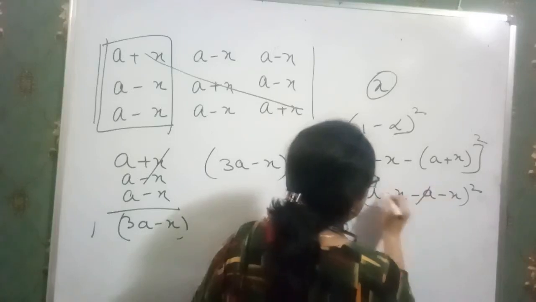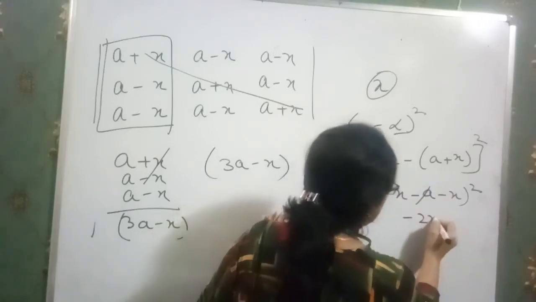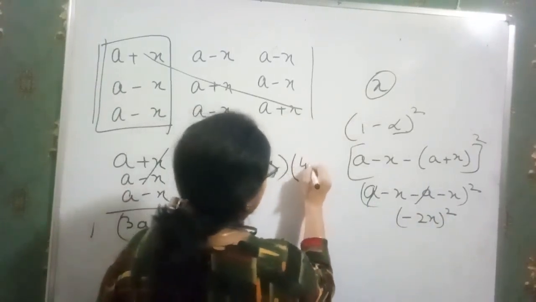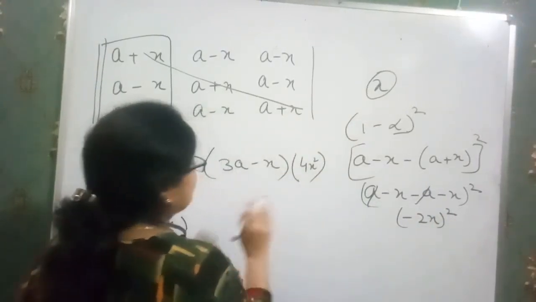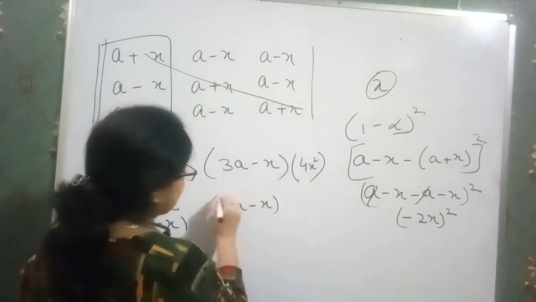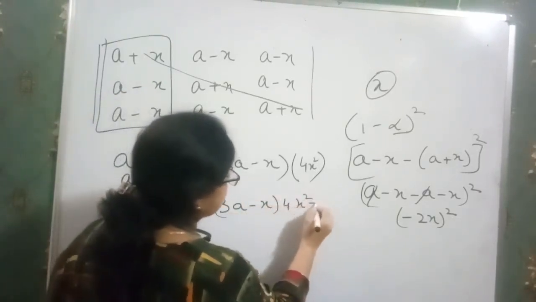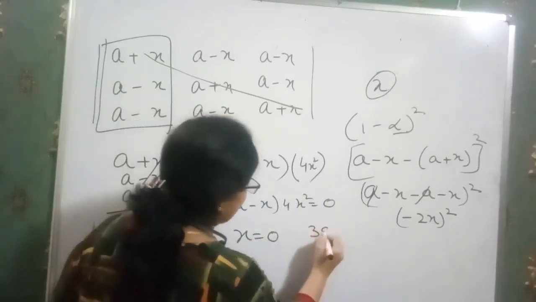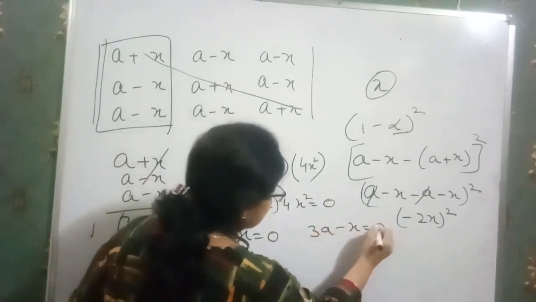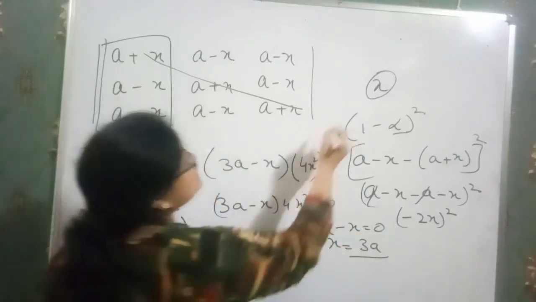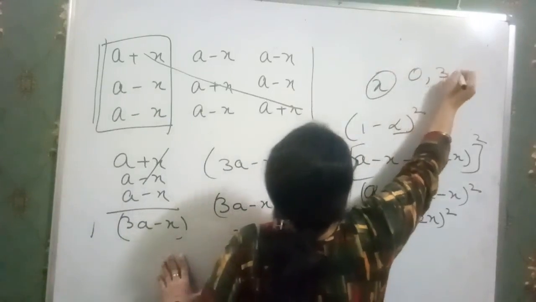This gets cancelled, giving minus 2x whole square. So we have 4x square. And this determinant should be 0. So 3a minus x into 4x square is equal to 0. The value of x is 0, and 3a minus x is equal to 0, that is x is equal to 3a. So we have two values, 0 and 3a.